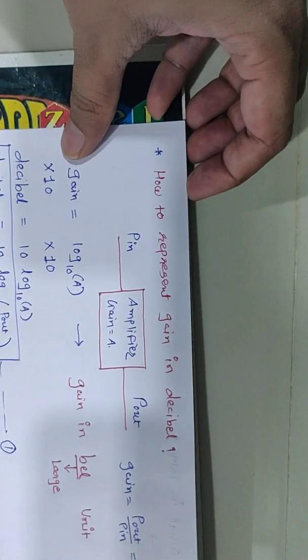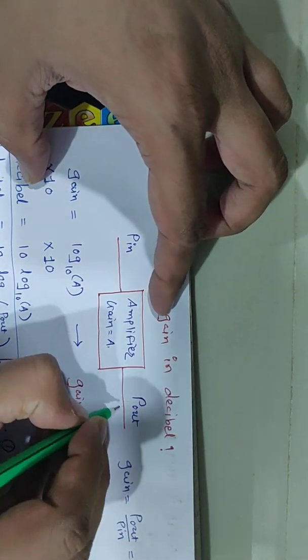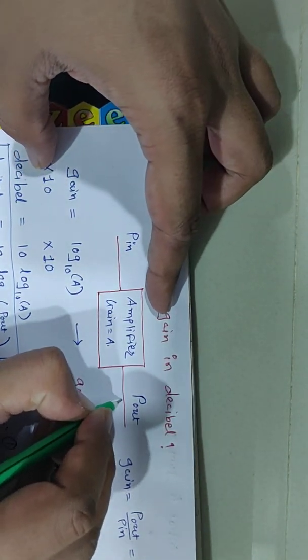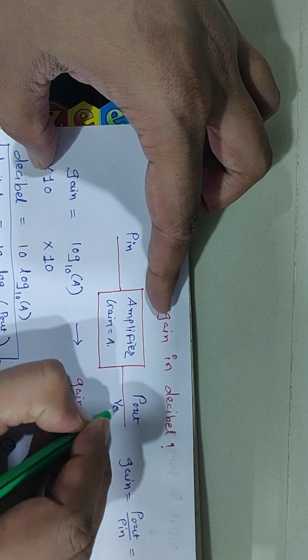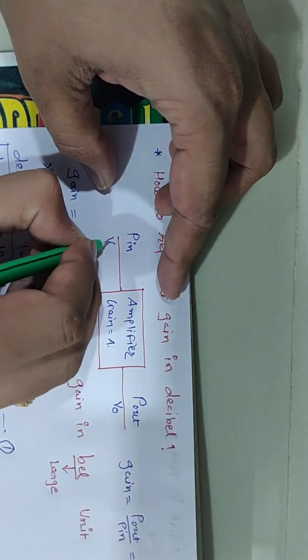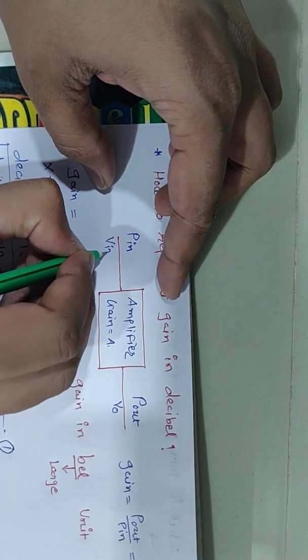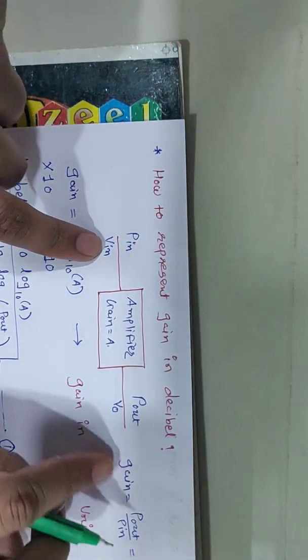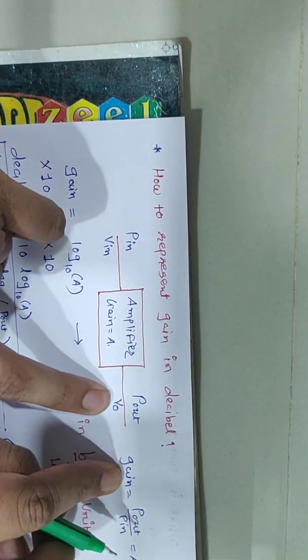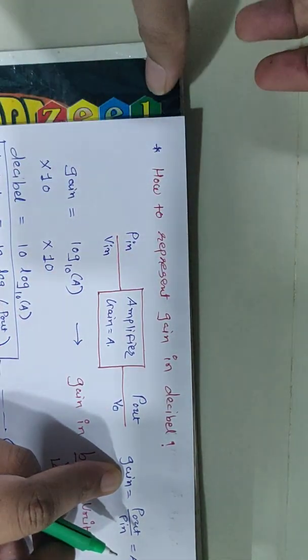Now we also know that power P can be represented as V square by R. Now in this amplifier, if our output voltage is denoted V out and input voltage is denoted V in, then this equation of gain becomes V out by V in.